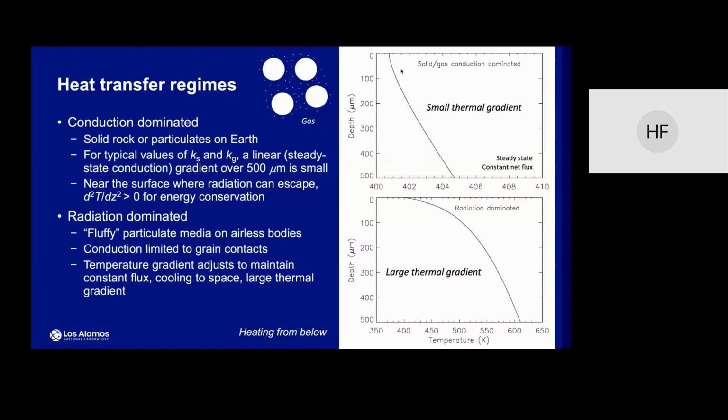The temperature gradient adjusts to maintain a constant flux. You get significant cooling to space, and as a result large thermal gradients form, which is what I'm showing at lower right. Both of these examples were computed for heating from below, but we're about to do solar heating in the next slide. Next slide, please.